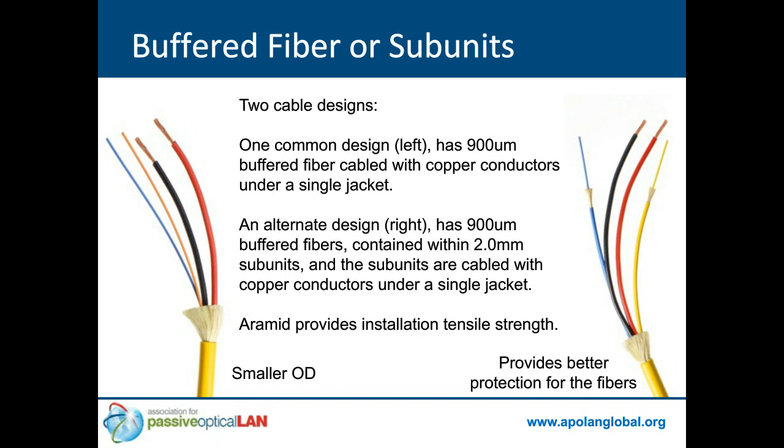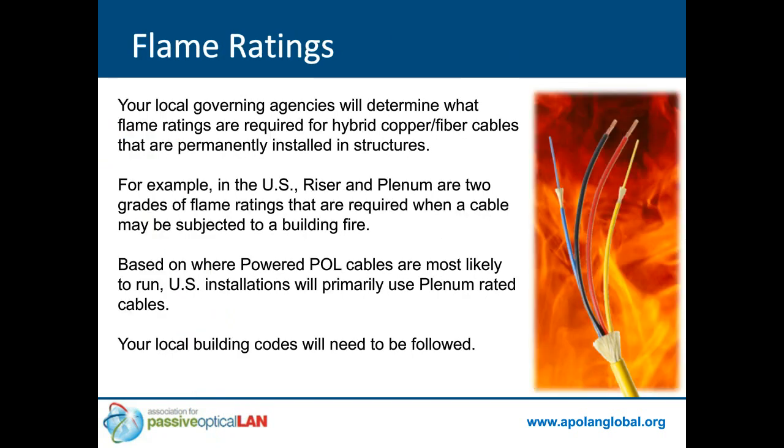Let's talk a little bit about flame ratings. I'm going to have to stay a little bit vague here because I know there are attendees from all over the world. We are located in the U.S. and I'm most familiar with those standards. In the United States, riser and plenum are 2 grades of flame ratings that are required when your building may be subjected to a building fire.